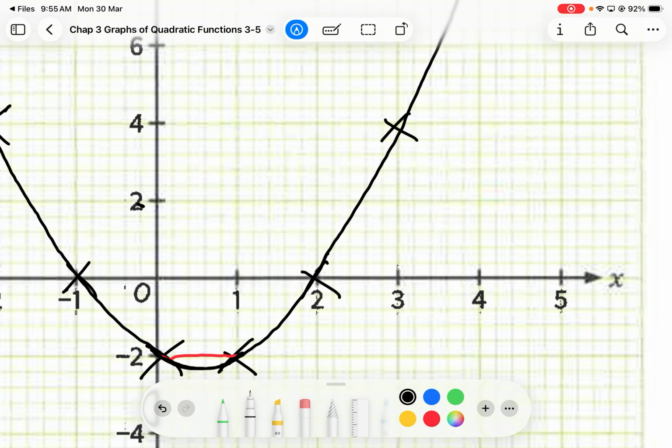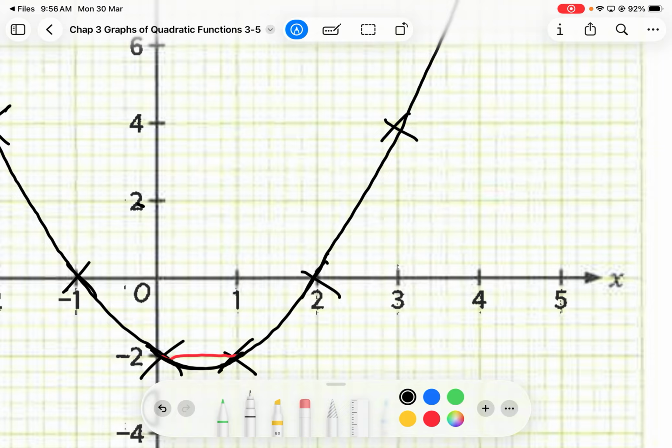If I put these two values inside the equation, it will also balance, because every point here will balance the equation. Just like your straight line. Every point on the straight line will balance the linear equation. Every point on this curve will balance your quadratic equation.